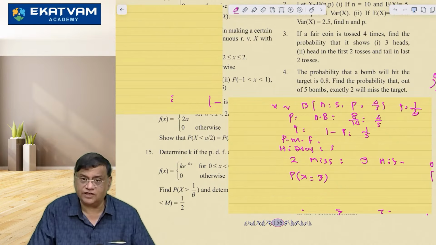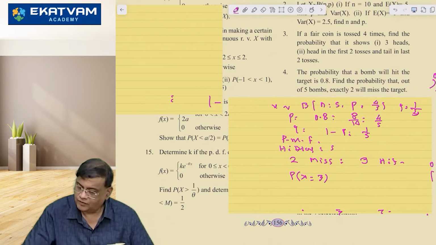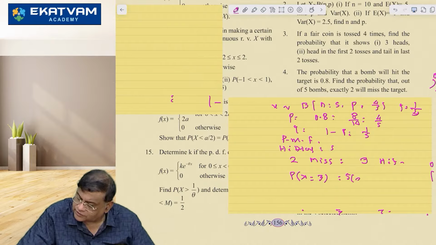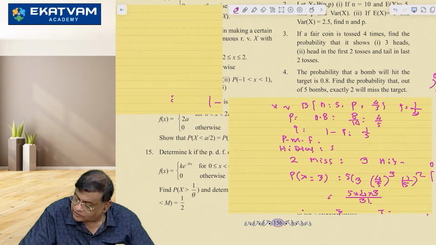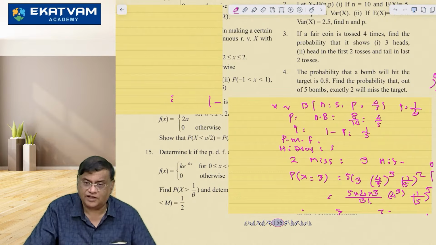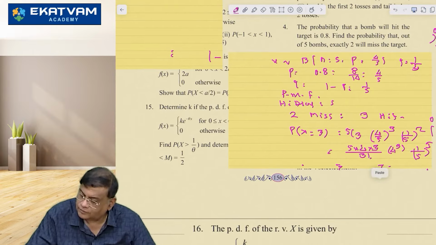People will make mistake here very surely. So it is 5c3, then 4 by 5 raised to 3, 1 by 5 raised to 2, which is 5C3 is 5 into 4 into 3 over 3 factorial, which is 10. Then 4 raised to 3 and 1 upon 5 raised to 5. 5 raised to 5 तुम निकाल सकते हैं क्या? 3125.